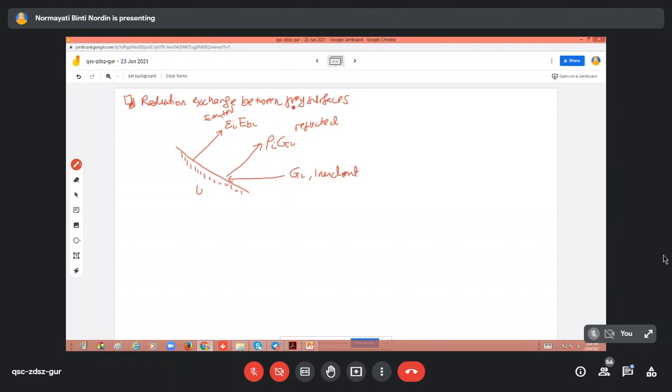So meaning that you need to consider not only emitted portion but also reflected portion for grey surfaces case. So these summations of emitted and reflected portions is called as a radiosity, which is JI. Radiosity is summations of emitted portions and reflected portions of the radiation.